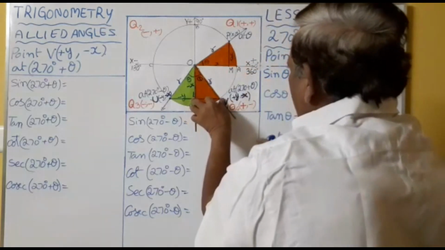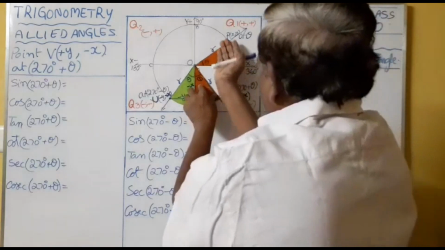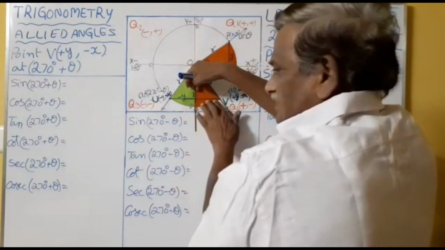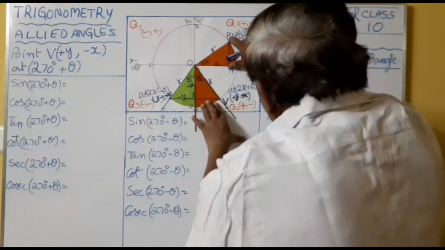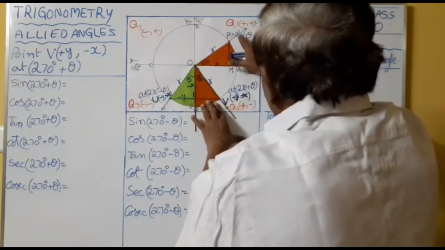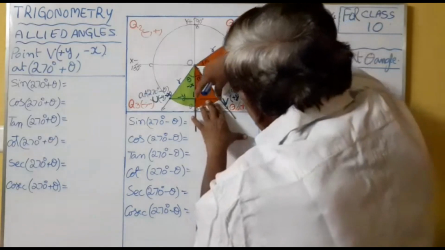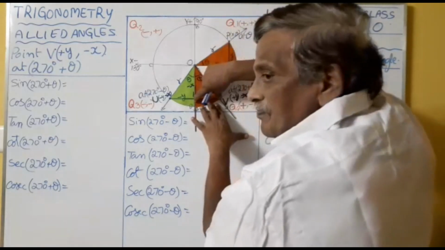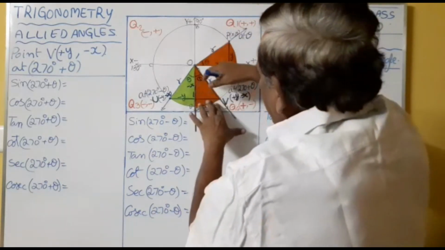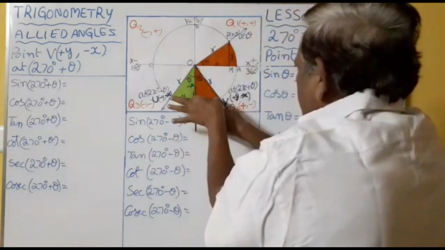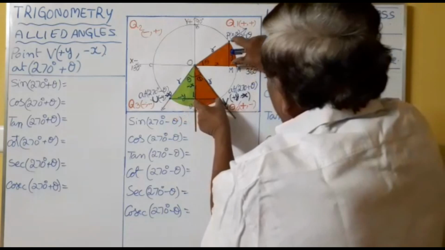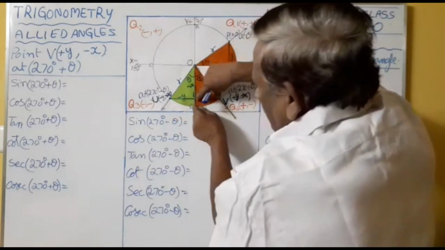What happens when the sector is rotated through an angle theta degrees? Let us see. The perpendicular distance here, which is the y coordinate, becomes horizontal here. Therefore, this distance is this distance. Since this is y, this is also y.